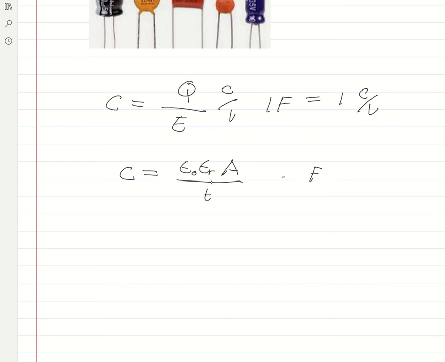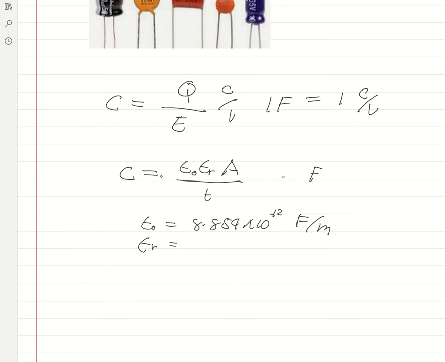Epsilon naught is a constant, equal to 8.854 times 10 to the negative 12 farad per meter. And epsilon r is the relative permittivity, which is based on what type of dielectric is being used. For air, the relative permittivity is 1, as for free space.